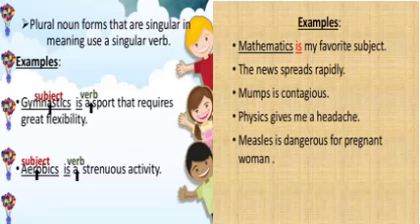And in the examples, mathematics. Mathematics looks like plural, but it is singular. That's why we are using is here. The news is always singular. Physics is always used as singular, and missiles is always used as singular.